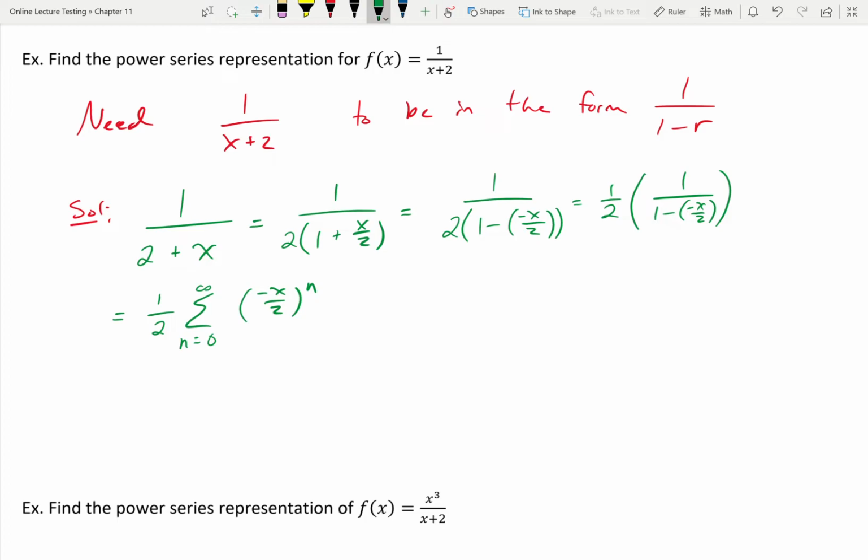Because we have this isolated, we want the absolute value of negative x over 2 to be less than 1. So that's what we're going to get to.